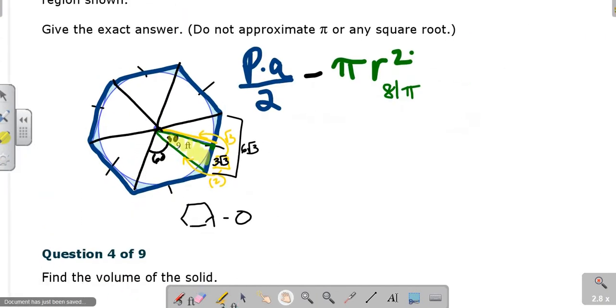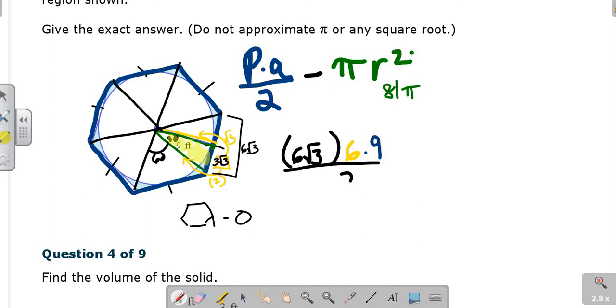So to finish here, our perimeter is going to be our side length, 6 root 3, times our number of sides, which is 6, times our apothem, which is 9, over 2. You can reduce that any way you want. I'm going to make this 3.